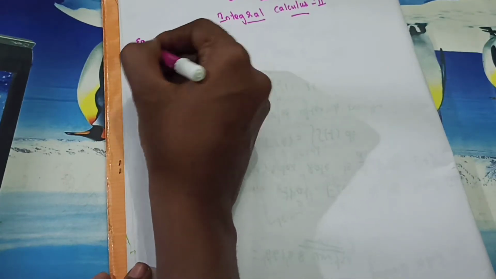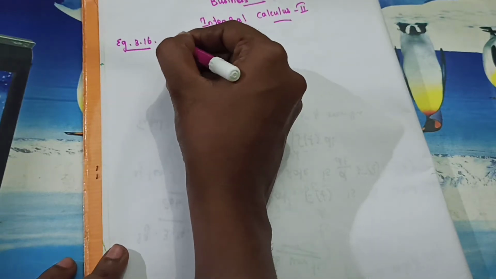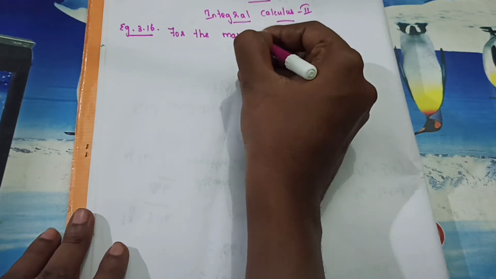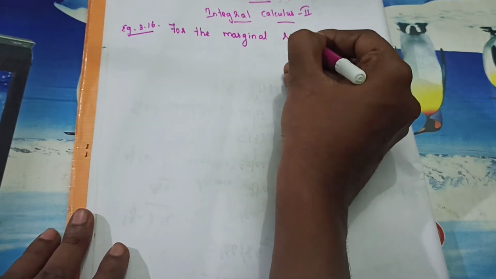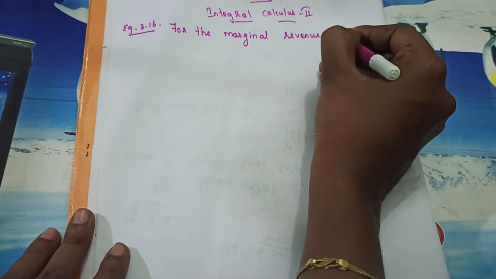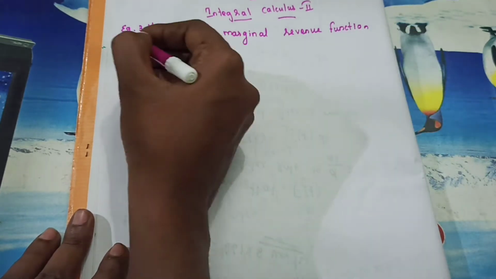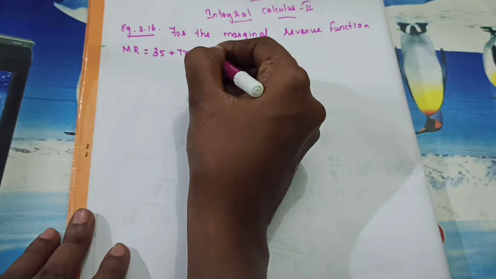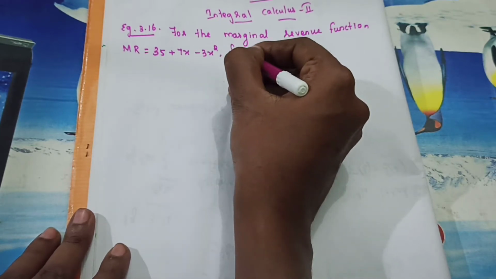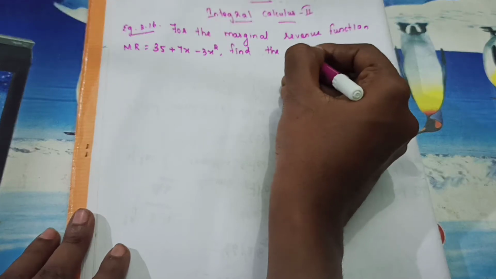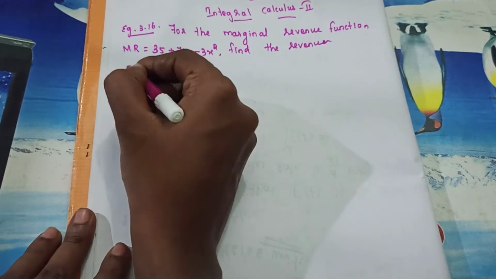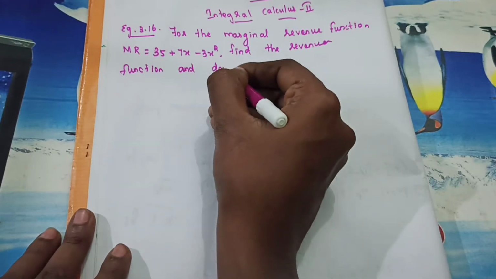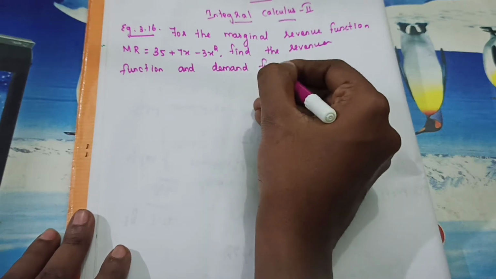Example 3.16. The question is: for the marginal revenue function MR is equal to 35 plus 7x minus 3x square, find the revenue function and demand function.